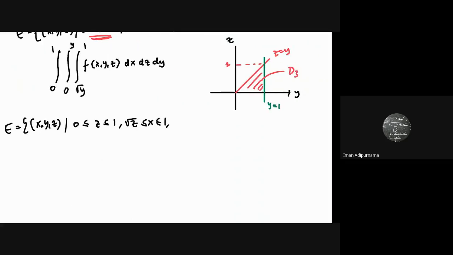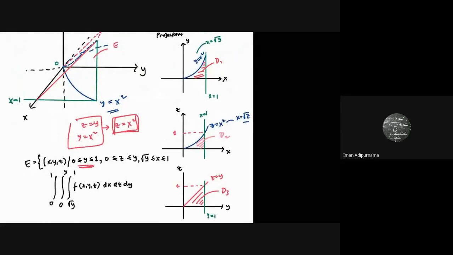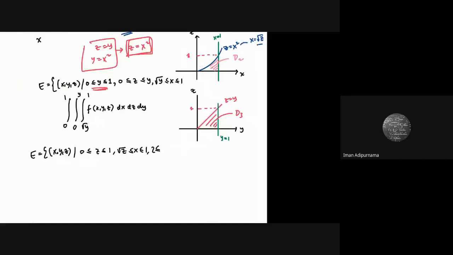And then lastly, the y. Now y is from z to x squared.